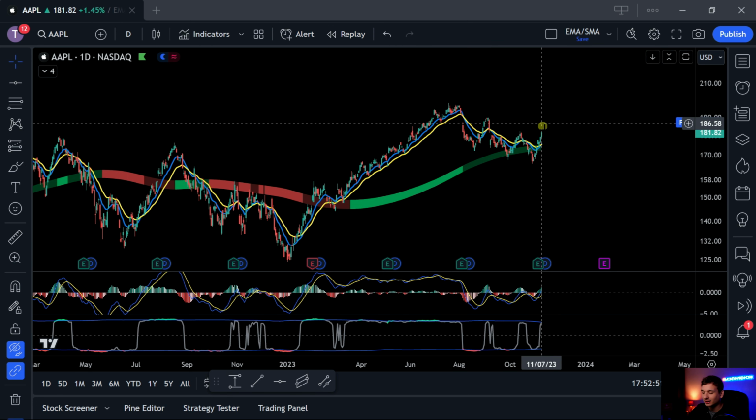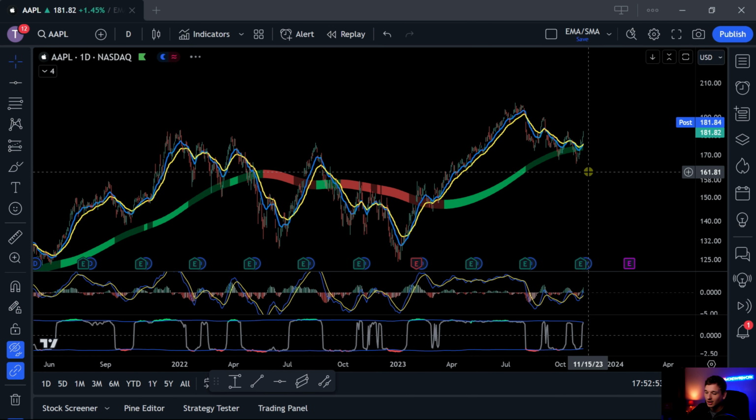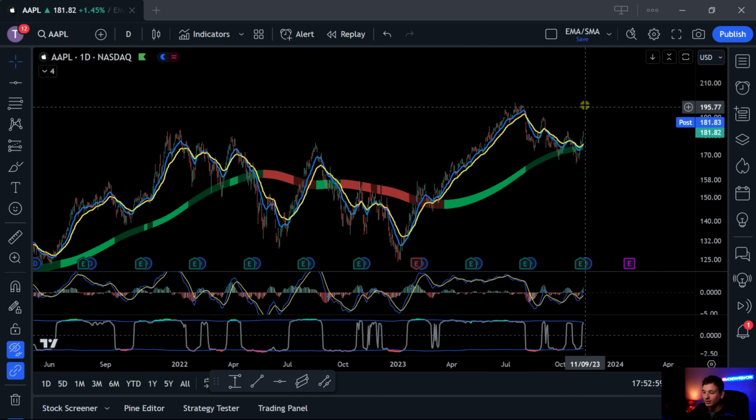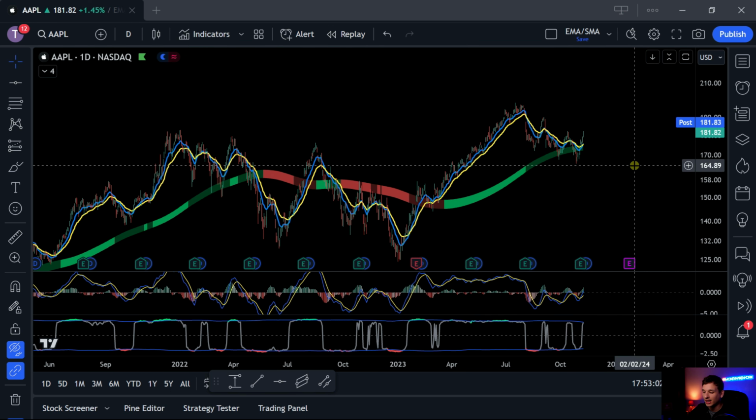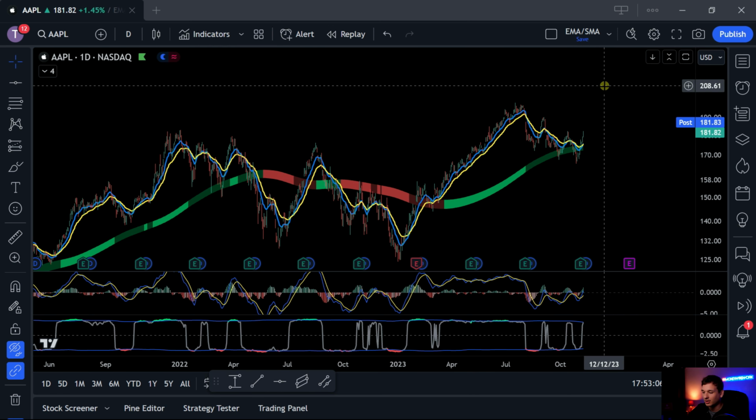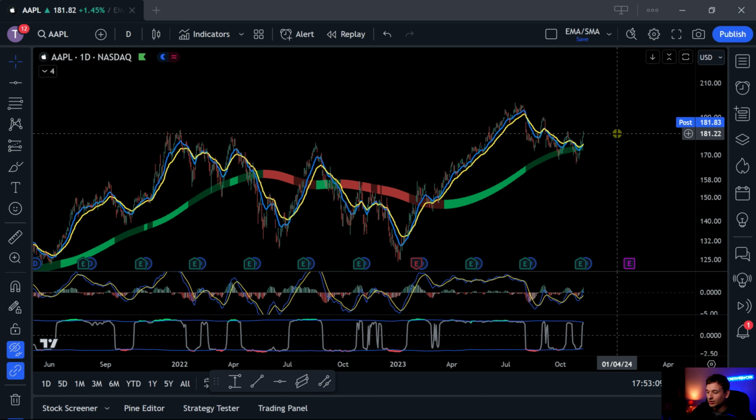So I'm not going to say necessarily get into it yet, except under the same point of my strategy with TQQQ: inevitably it's going to come back up and you can DCA. This is a blue chip. It's pretty safe that Apple's going to come back up to higher highs eventually. But again, keep in mind that this is not TQQQ.